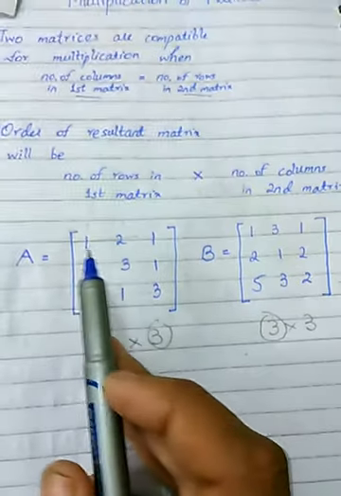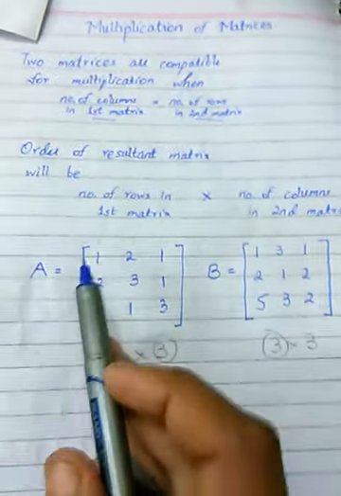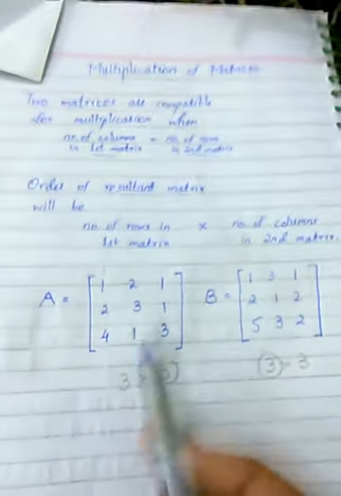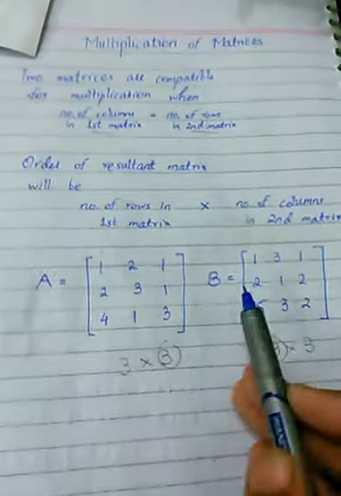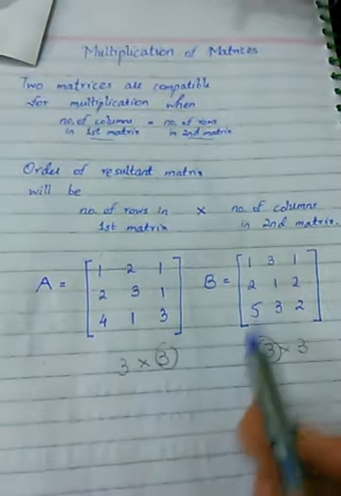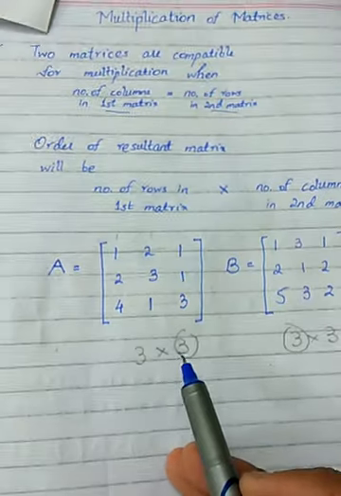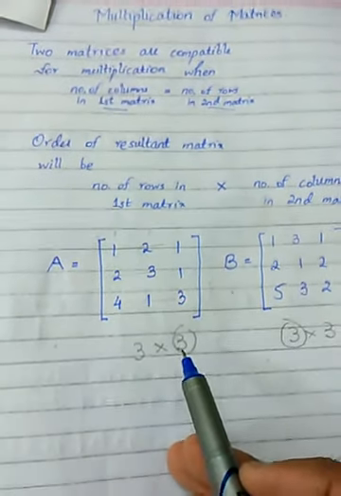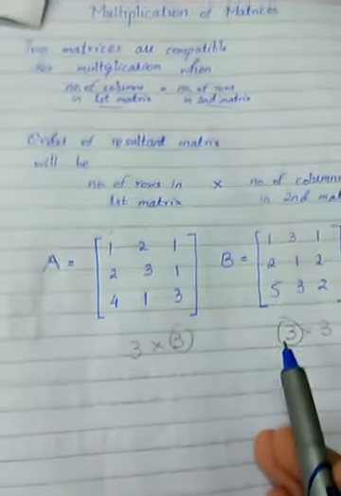Let's suppose we have matrix A which is of order 3 by 3, 3 rows 3 columns, and B also 3 rows 3 columns. So the number of columns in the first matrix, that is A, is 3, and the number of rows in B is 3.